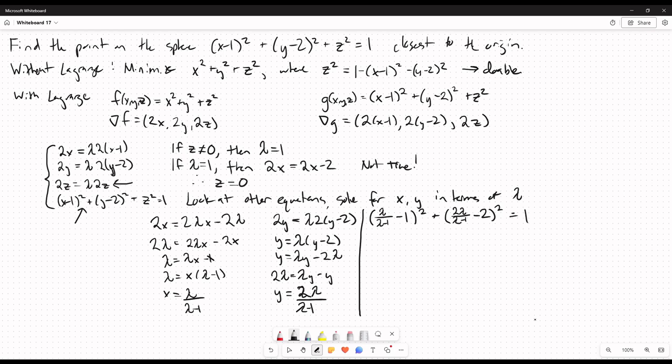And that might look horrible, but if you multiply everything by lambda minus 1 squared, some nice stuff happens. This is going to become lambda minus 1 squared plus 2 lambda minus 2 lambda minus 1 squared equals lambda minus 1 squared.